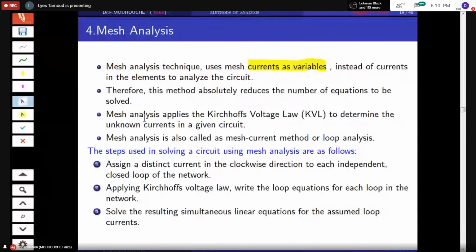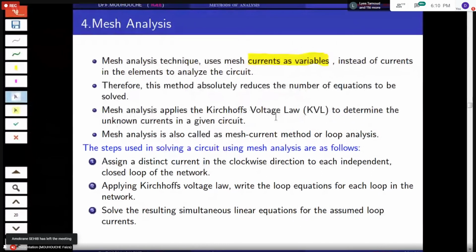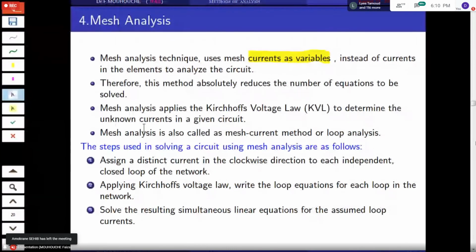Mesh analysis applies Kirchhoff's voltage law to determine the unknown currents in a given circuit. Mesh analysis is also called the mesh current method or loop analysis.